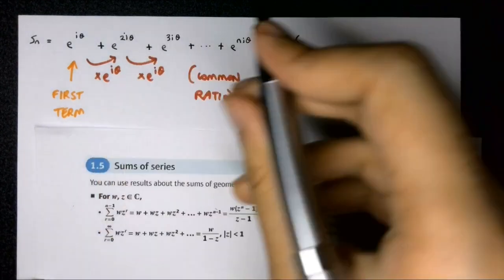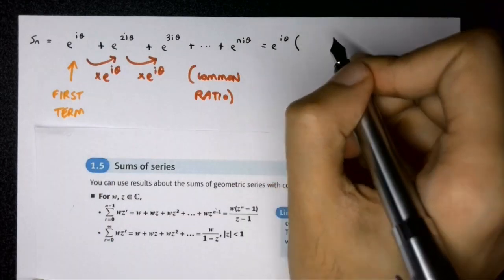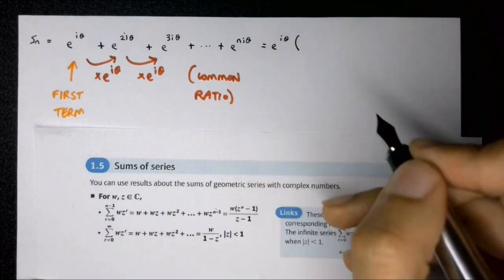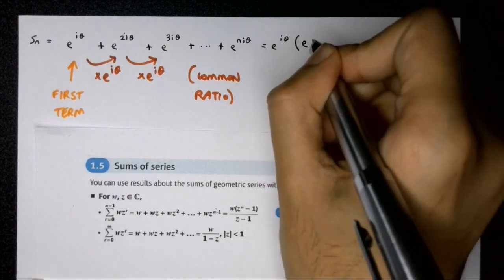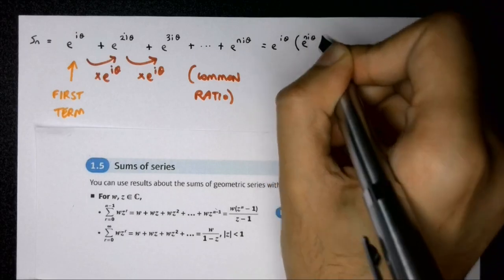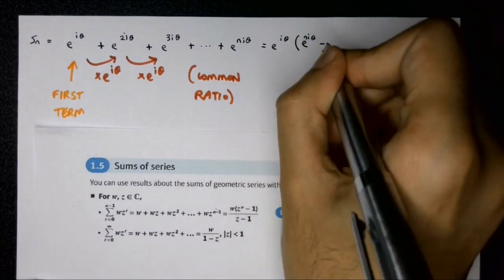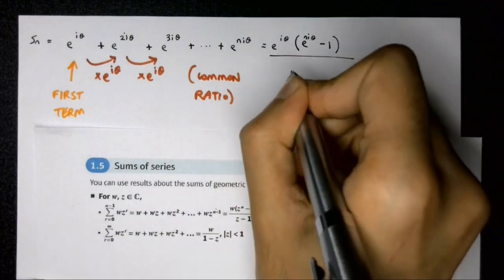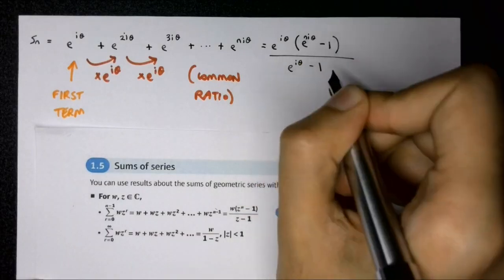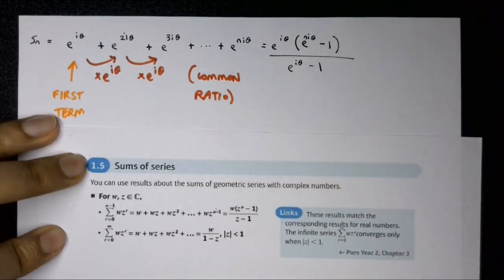Now z is our common ratio, so we multiply by e to the ni theta. Now the reason I'm raising this to the power of n is because we're raising this to the power of n, and then we have minus 1, and then we divide this by z minus 1, so we divide by e to the i theta minus 1. Okay, so how does this help us?